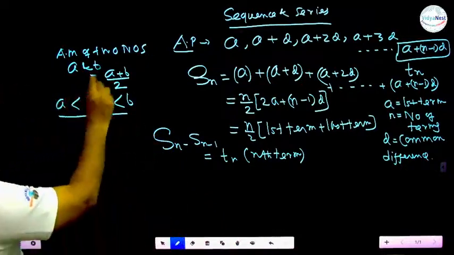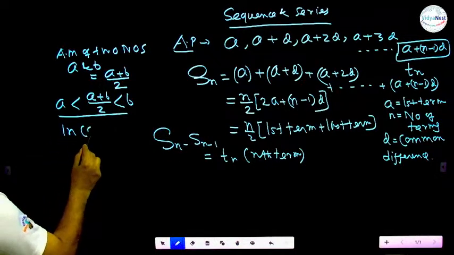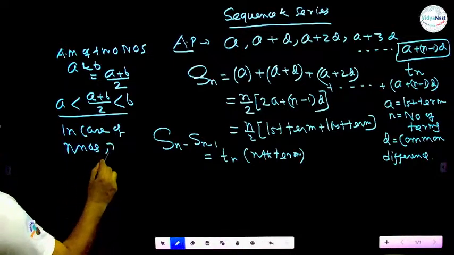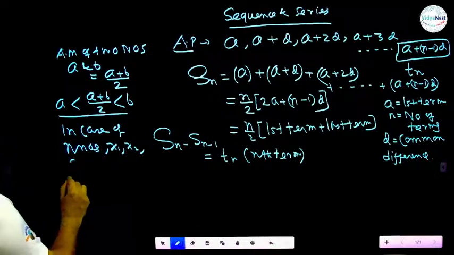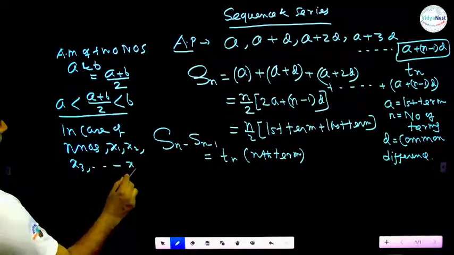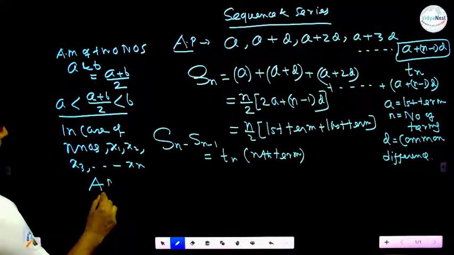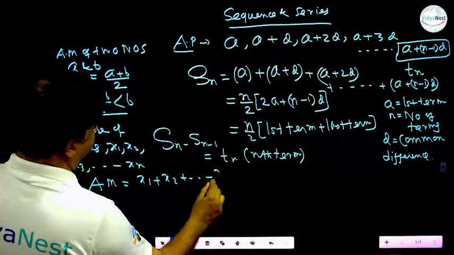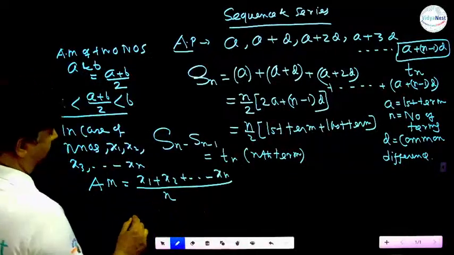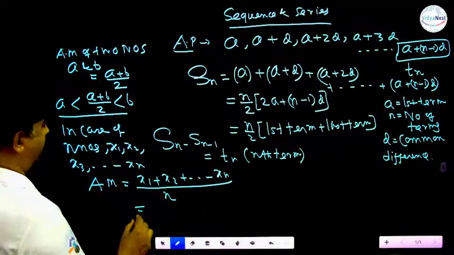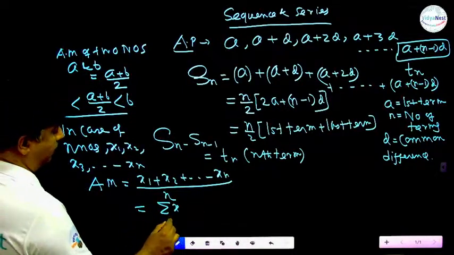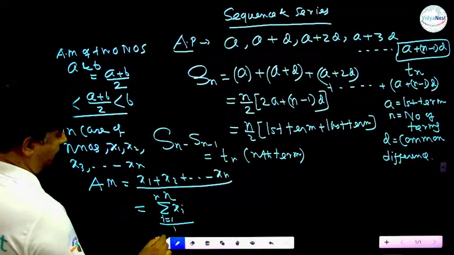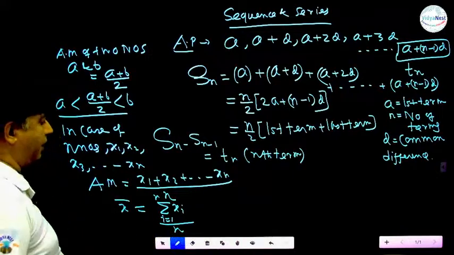Now, in case of n numbers, say x1, x2, x3 up to xn, the arithmetic mean will be the sum of the numbers by n. You can write this as summation i from 1 to n, by n. That will be denoted by x bar.